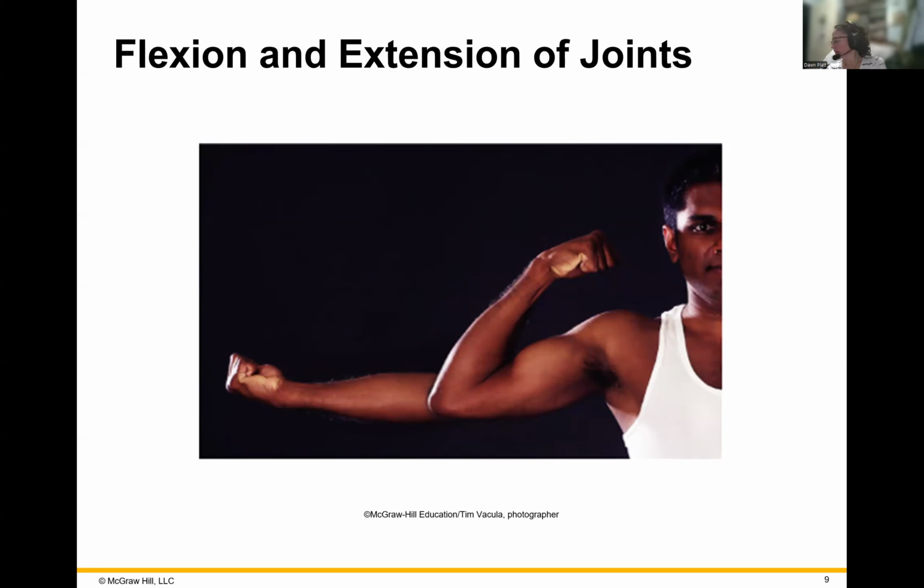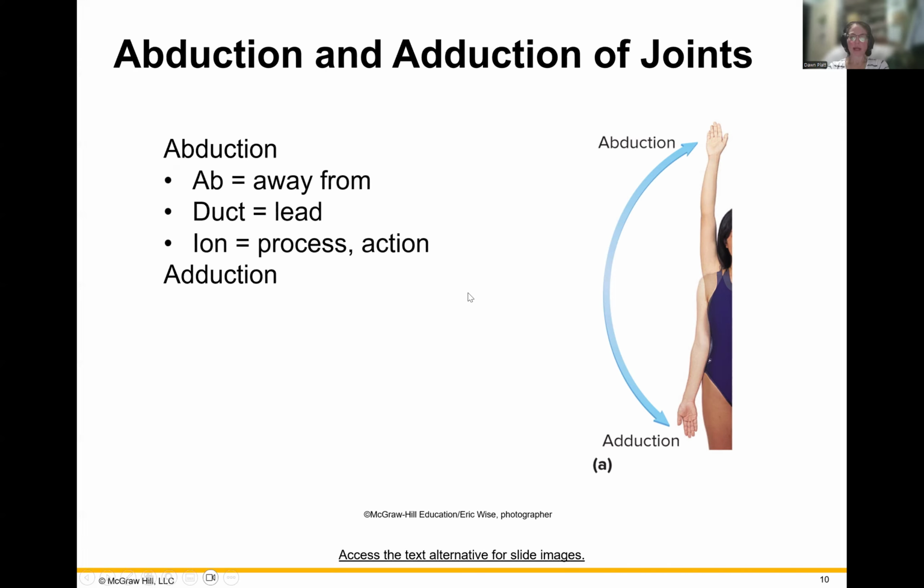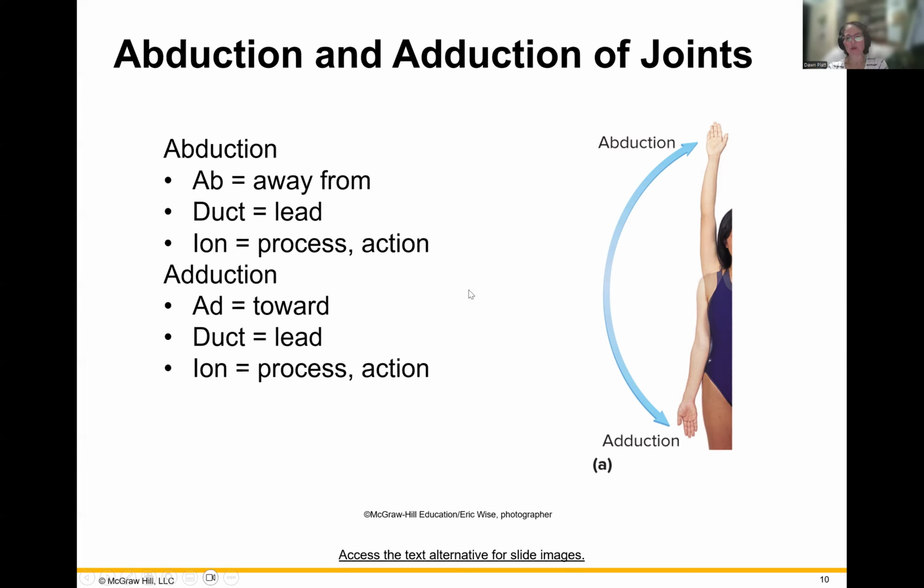Flexion and extension of the joints. On page 467, there are some great pictures that show you flexion and extension. We have abduction, adduction, and all different types of movements. Abduction means away from your main torso, and adduction is going towards it.